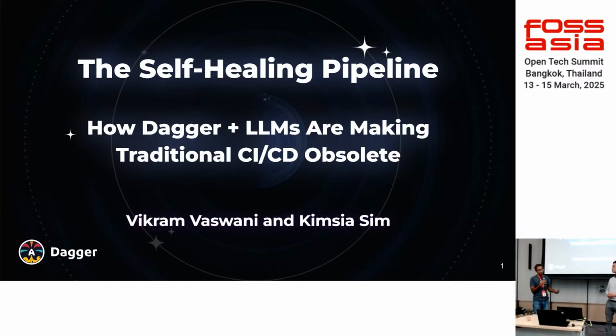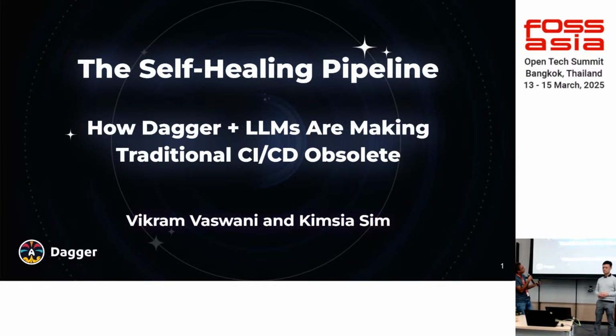Before we start, I want to talk a little bit about the title. Like we're saying, this is a self-healing pipeline. Just to explain a little bit what that means: if you're a developer, imagine a scenario, you add a new feature to your code, you push it to your repository, and you have a CI pipeline that gets triggered, right? That CI pipeline is going to do a bunch of things.